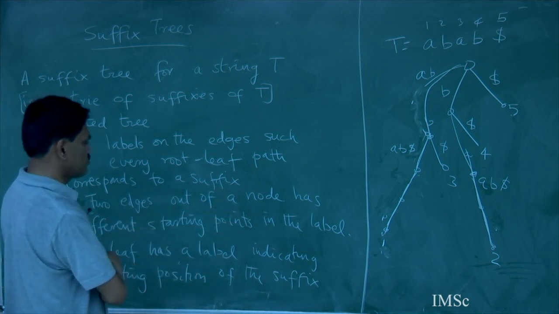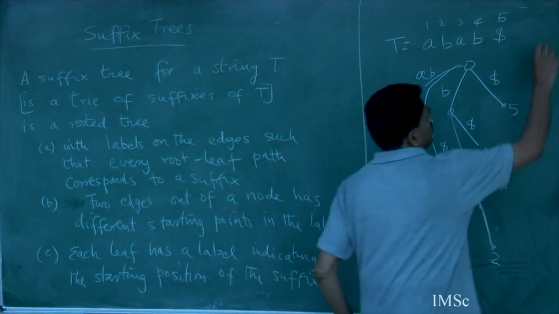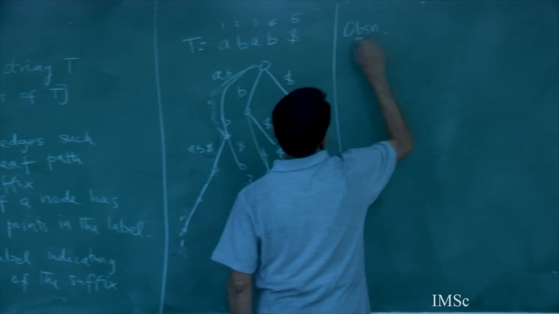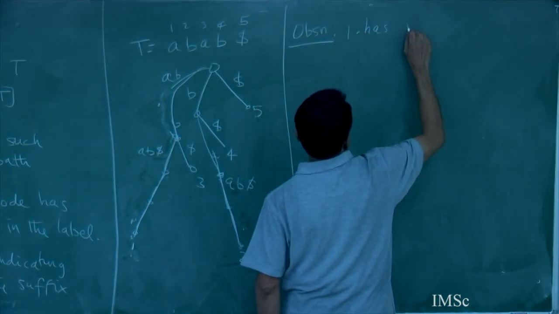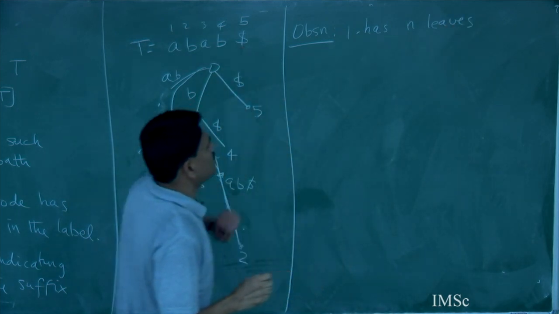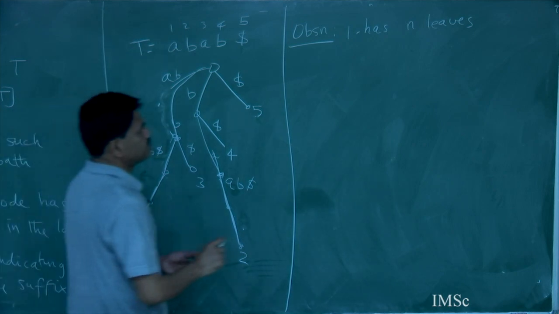Okay, so this is what we will call a suffix tree, and so some of the observations. It has n leaves, I mean including this delta. So, assuming the length of the string including the delta is n, then it has n leaves, and hence it has at most n minus 1 other nodes.